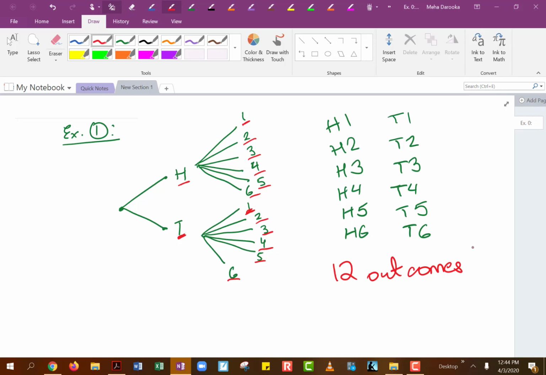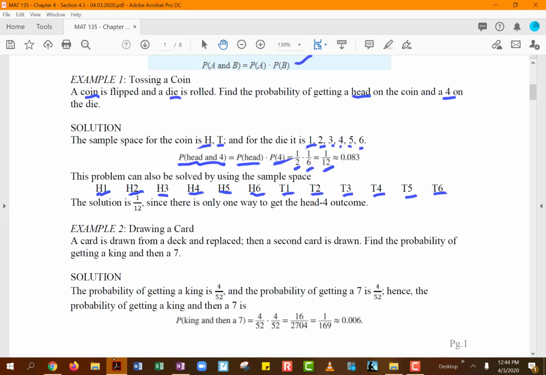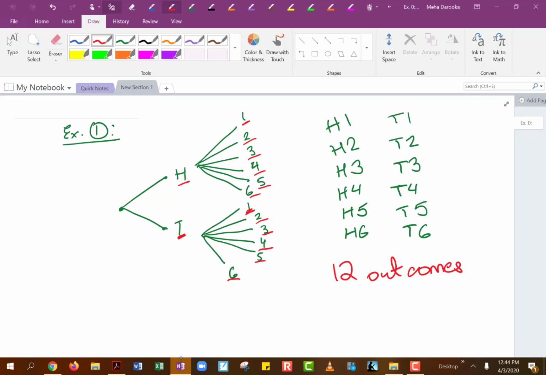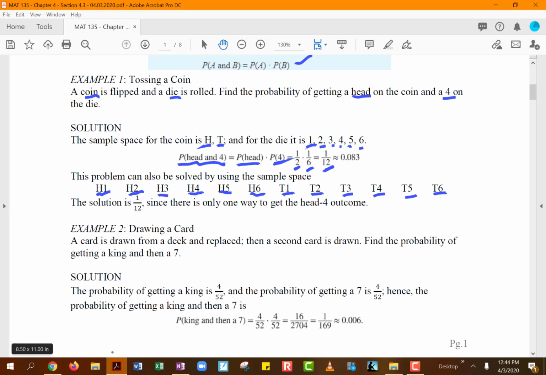And our question was, what is the probability of getting a head and a 4 in this example 1? That's 1 out of a total of 12 outcomes, so the probability of getting a head and the number 4 comes out to be 1 out of 12. That's what they're talking about in this example 1, okay?